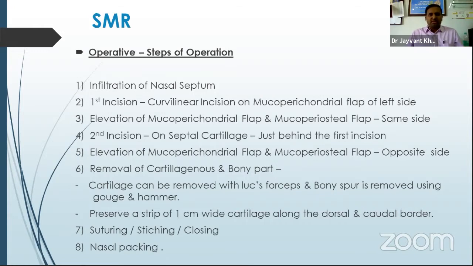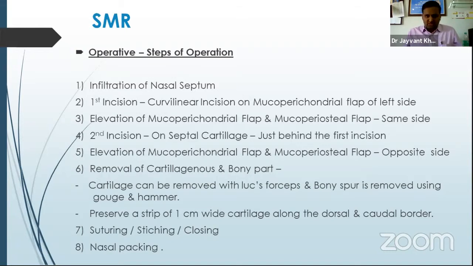Okay, so we will revise it once again because the operative procedure or steps of operation are very much important. First step is infiltration of nasal septum. When the patient is on the operation table, then you have to prepare other surgical procedures and then move towards the first step of SMR.